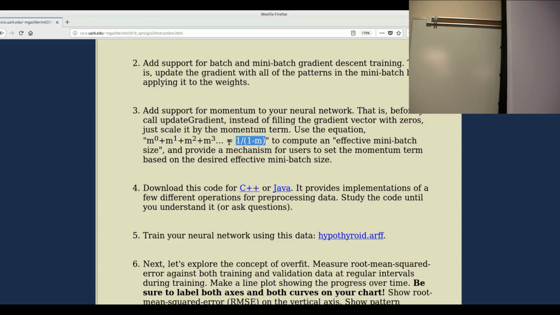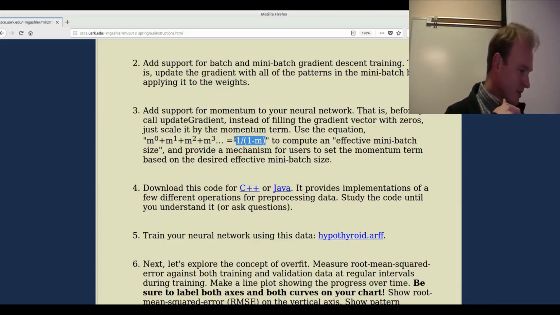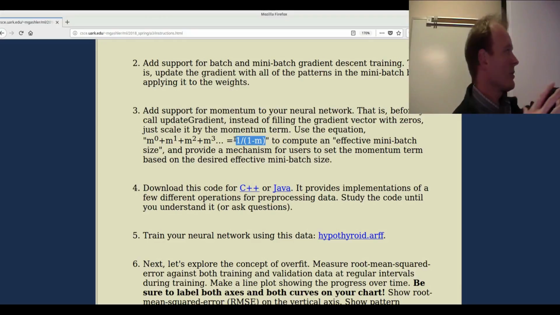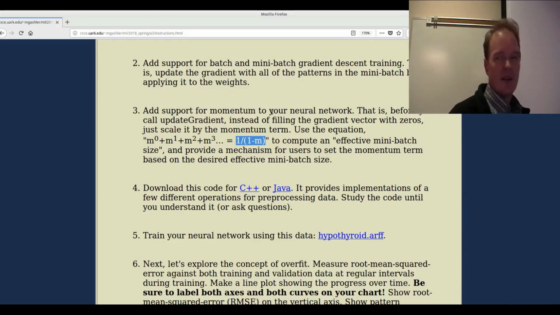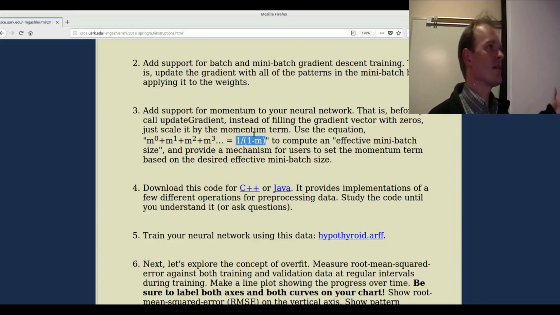At least the largest it'll ever get is taking about 10 times as much step as you meant to. Does that make sense? So in order to use gradient momentum effectively, when you tune up the momentum, you have to tone down your step size. And I guess you could use this equation with the momentum to scale your step size accordingly.